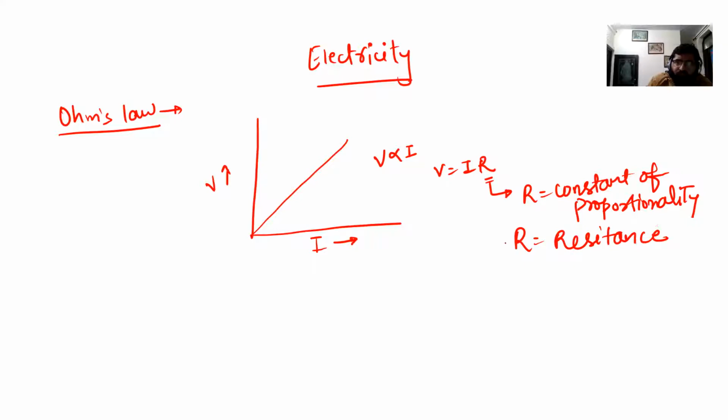So this will be equal to V upon I. I get the relation R is equal to V upon I. Or if I take an example of one question, we can change the relationship.